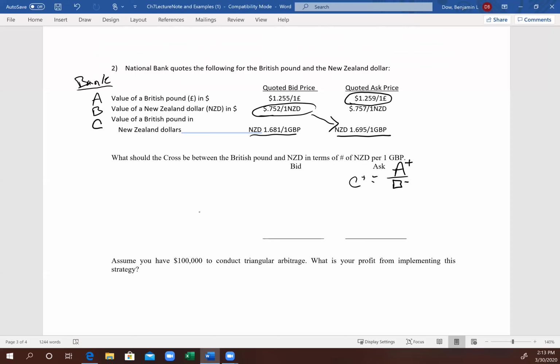The A plus is the ask price from Bank A divided by the bid price at Bank B. If we look at 1.259 divided by 0.752, we're going to end up with the number of New Zealand dollars per pound.